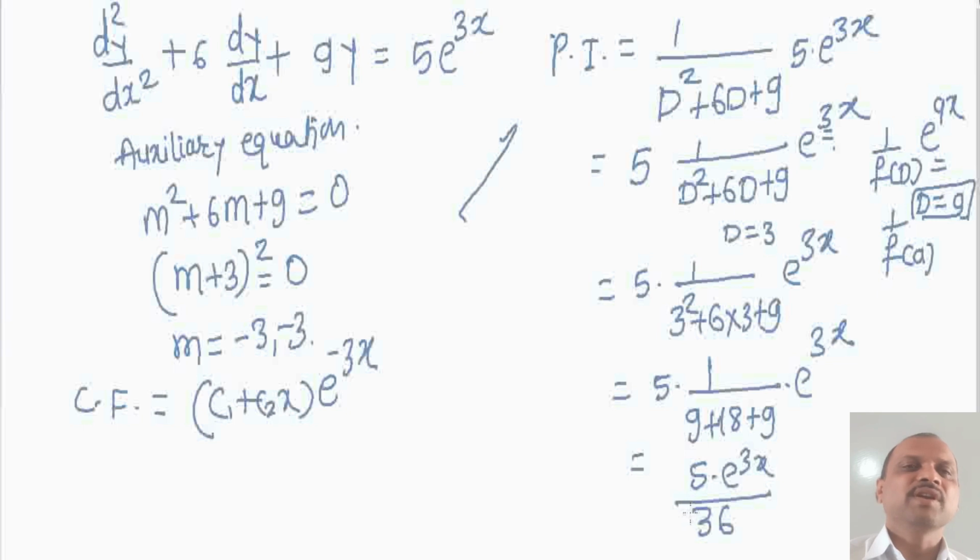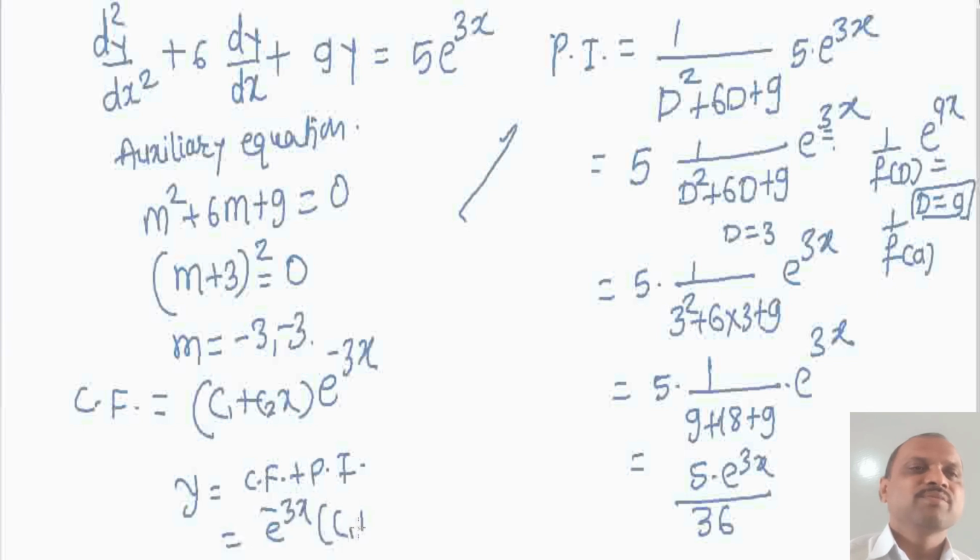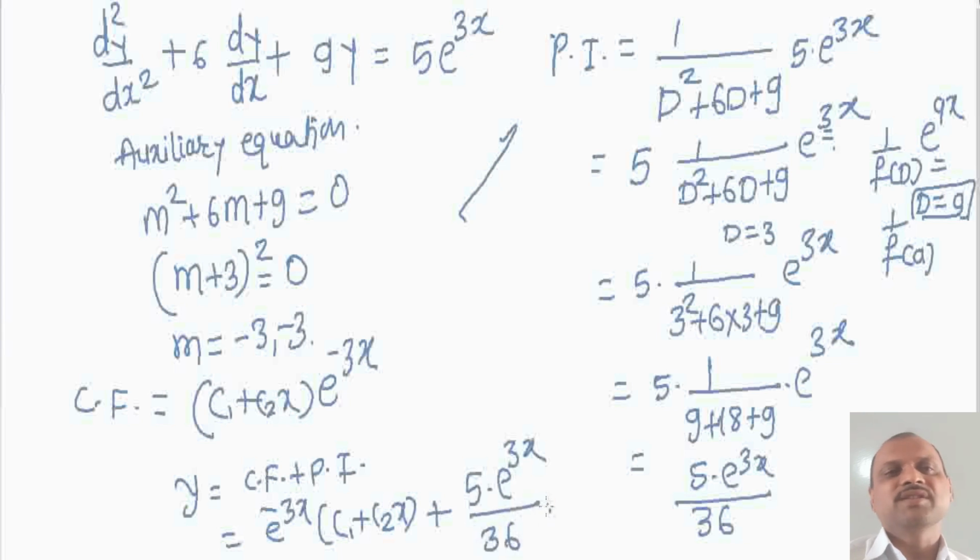This is the particular integral, and hence the complete solution is y equals complementary function plus particular integral: e raised to minus 3x into c1 plus c2x, plus 5 into e raised to 3x divided by 36. This is the solution of this differential equation.